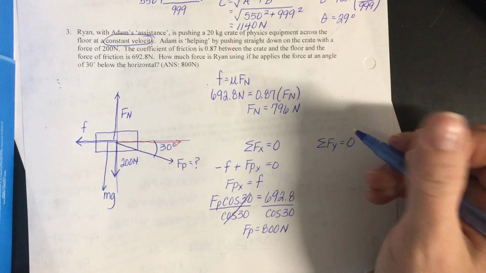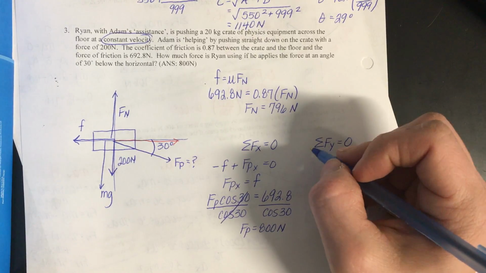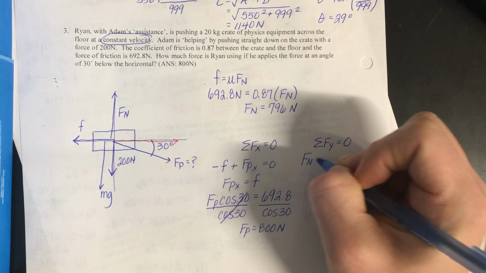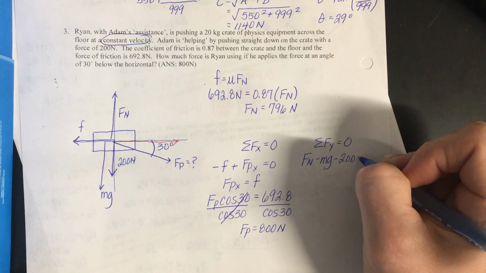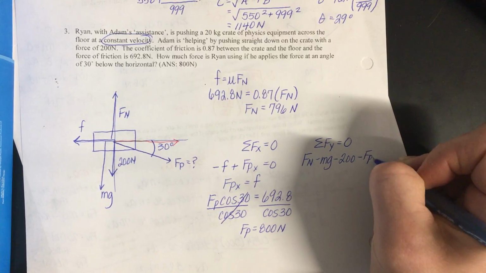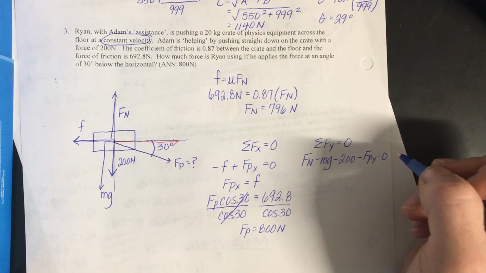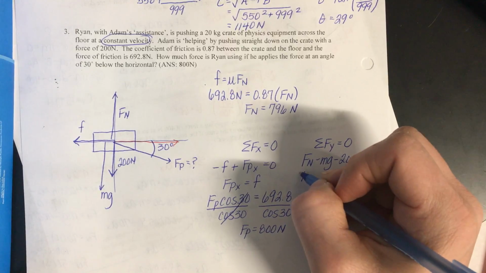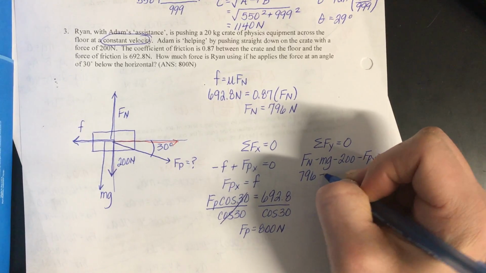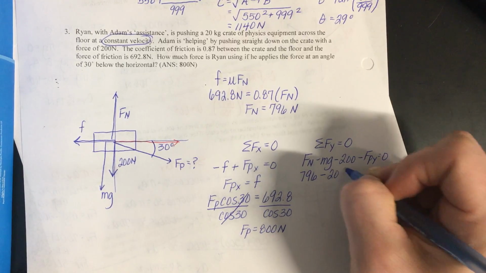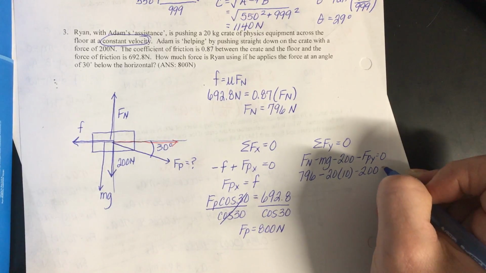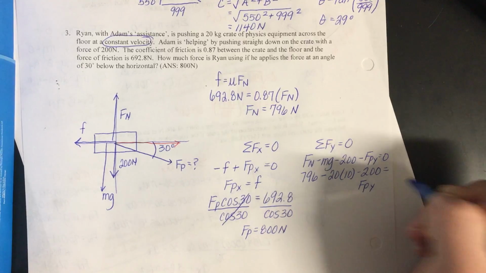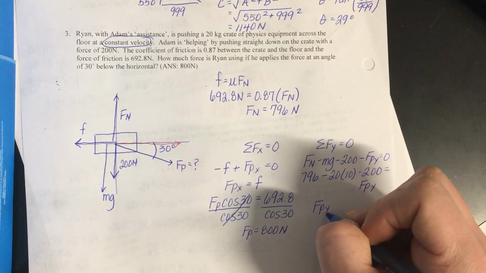Now let's say that you did the forces in the y direction. In the y direction, you have Fn minus mg minus 200 minus Fpy equals 0. You just found Fn up top. You know the mass. You know gravity. And so you could solve for Fpy.